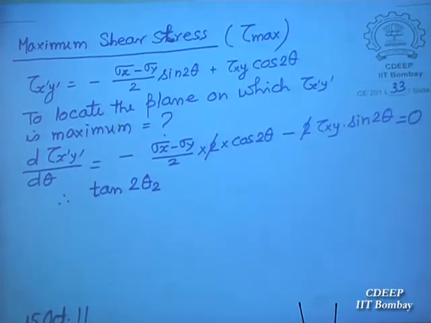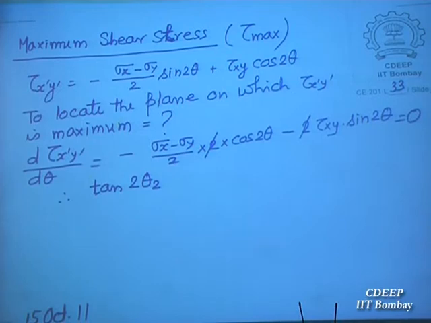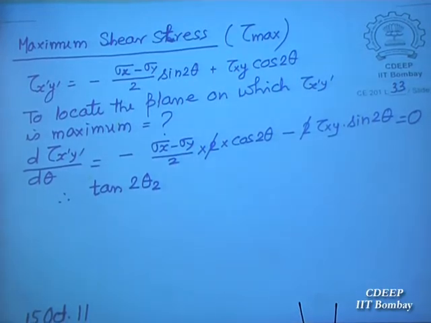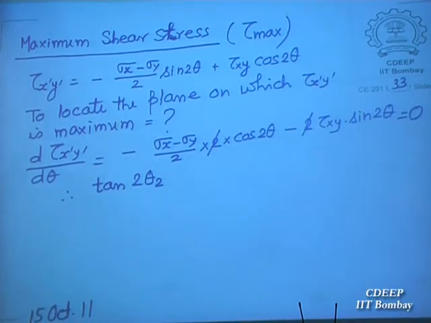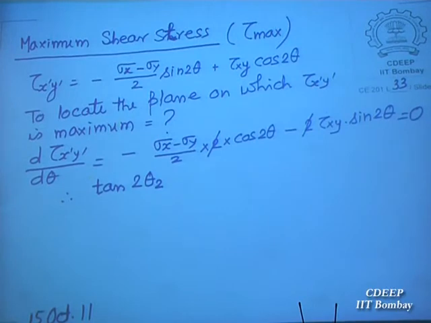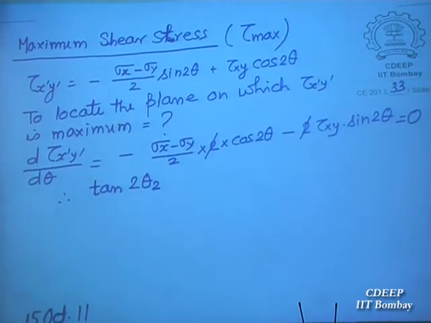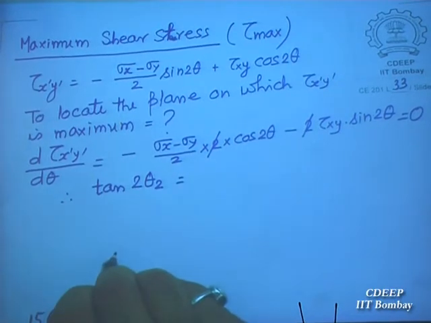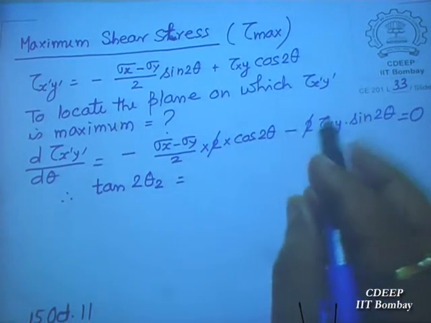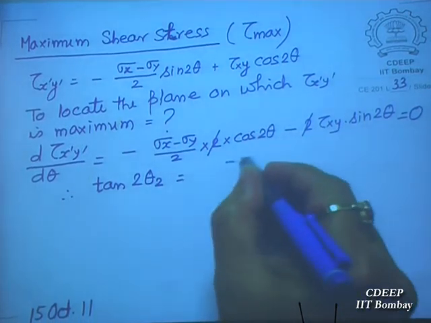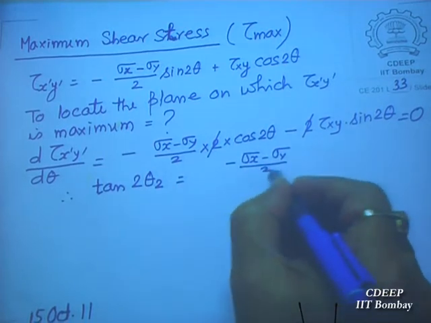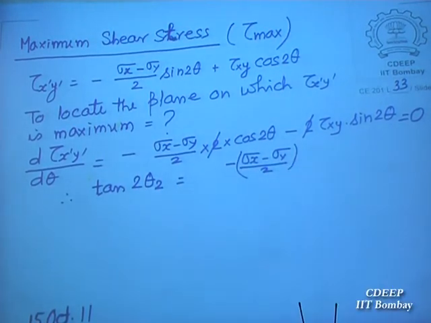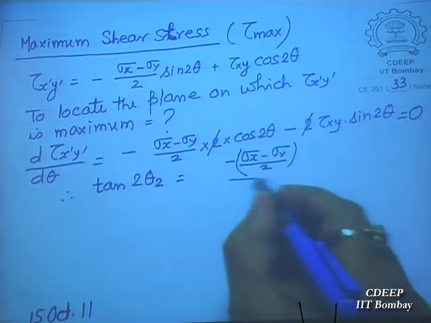No, direction 2 was already there, 1 and 2. But anyway, let us call it theta 2. So that is theta 1, this is theta 2. So 2 theta 2 becomes equal to, minus sigma x minus sigma y by 2 divided by tau xy.